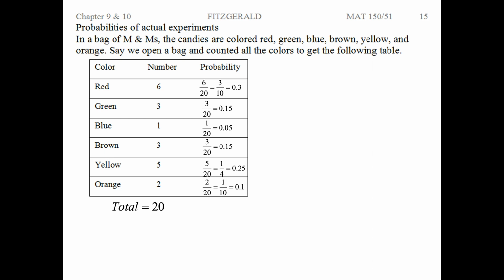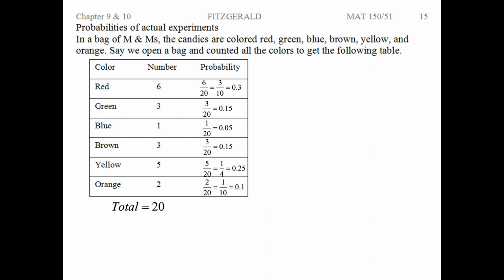So what we could say is, if I get another bag of M&Ms, what's the probability that I can pick out a red? Our guess would be 3 out of 10 or 0.3. Now, is this enough to justify your probabilities? Absolutely not. You need lots and lots of M&Ms.